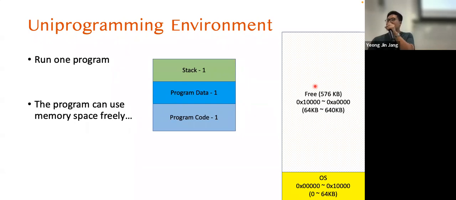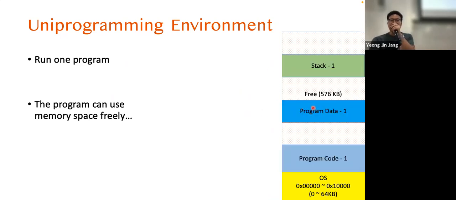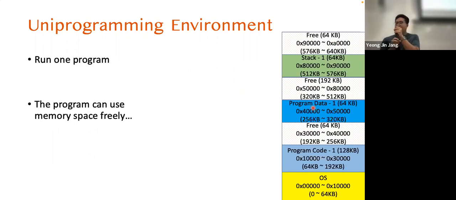We assume the operating system only resides in this part, and the developer knows that, so they would not use this region, but can freely use the rest. Then we have some free space like this.